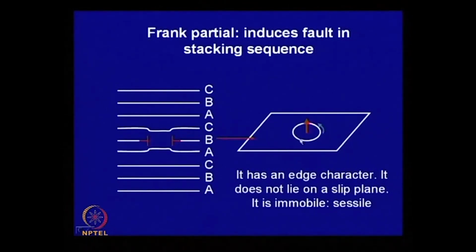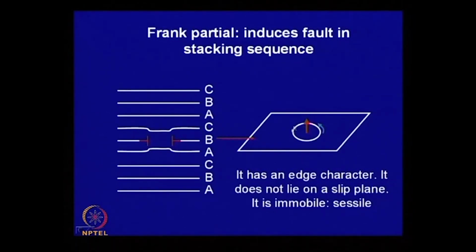This is a positive sense, and then this is the Burgers vector. So, this Burgers vector is perpendicular to the dislocation line at every point. So, this type of dislocation is a pure edge dislocation, and we know that an edge dislocation can slip only on one plane, the plane that contains the dislocation as well as the Burgers vector.